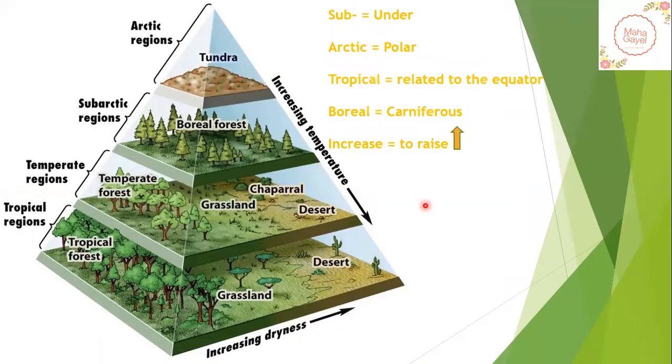Now, this figure is very nice and expressive, and you can easily understand the relation between the amount of water or rainfall and the temperature. Let's have a look. Concentrate with the pointer. Here, what happens?